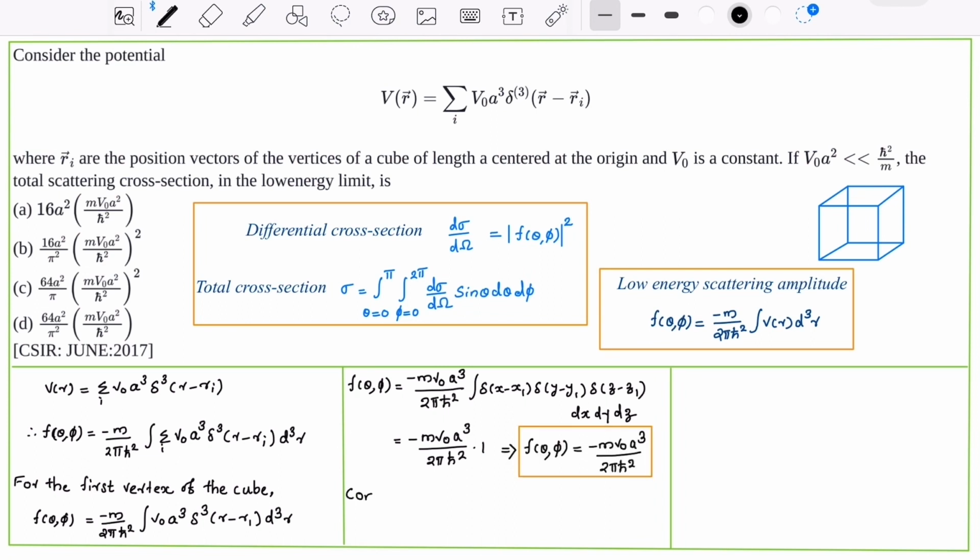The integral is 1 because it is a Dirac delta function.